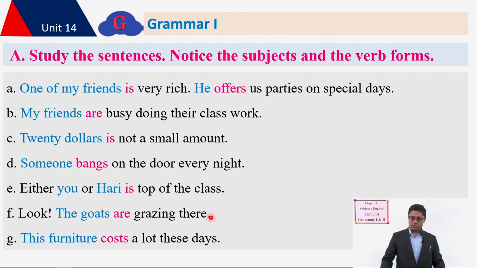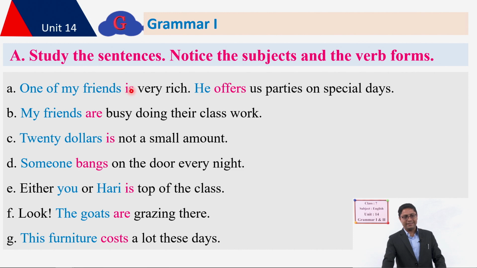Okay, so what's there? It says study the sentences, notice the subjects and the verb forms. So see there, you can find 3 different colors there. If you look at the part of the sentence in blue color, it indicates the subject.